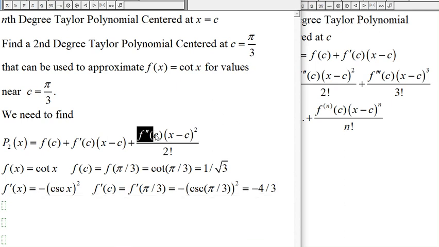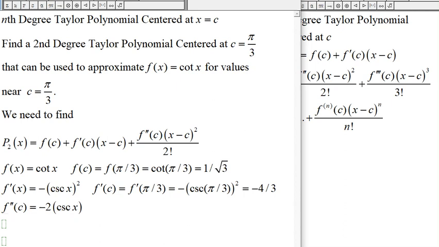And then next we need the second derivative. So we have to use the chain rule right here. So this is cosecant to the second, so the derivative will be negative 2, that's 2 for the exponent, and then times the base, which is cosecant of x.